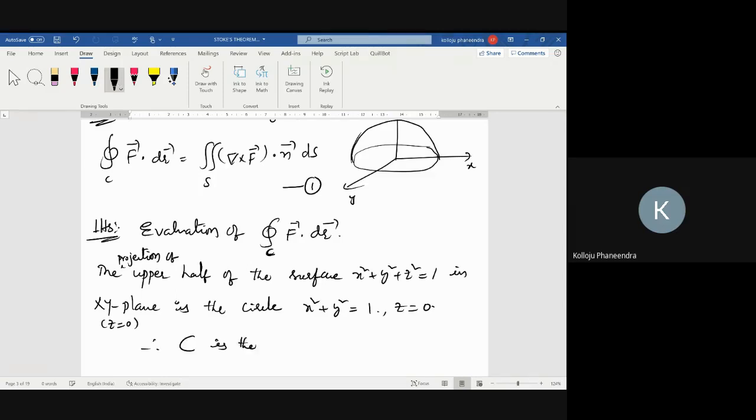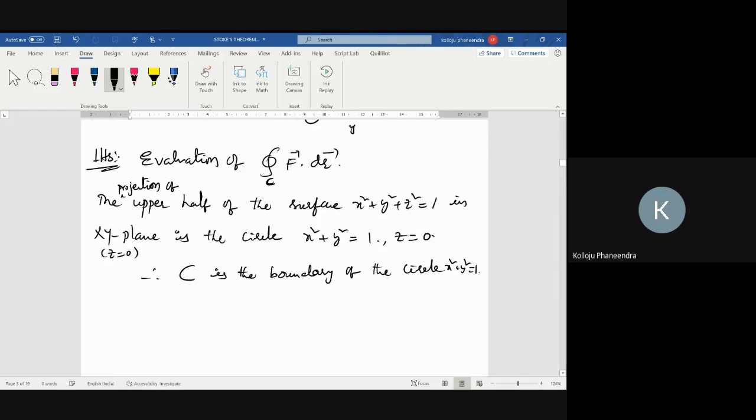C is the boundary of the circle, a closed curve. C is the boundary of the circle x square plus y square equal to 1. The first point is clear, what curve C is is clear. We have to consider the projection of the upper half of the sphere on the xy plane. So one by one let me calculate.